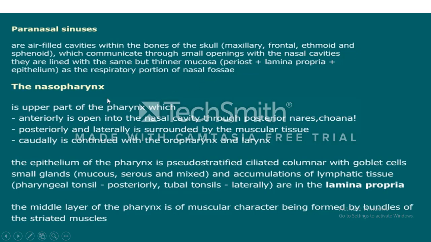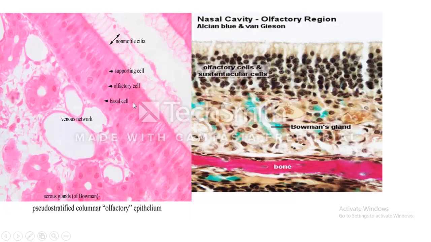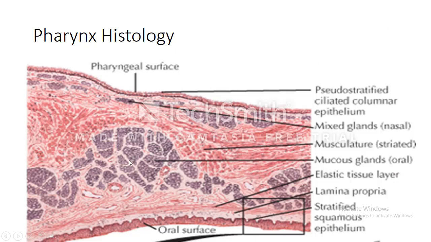The superior part of the nasal cavity is joined to the pharynx. Pharynx is divided into two parts: one, nasopharynx, and two, oropharynx. Okay. This is the pharynx. The nasopharynx is joined to the nasal cavity.